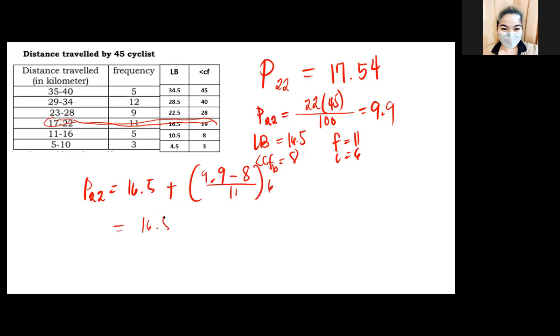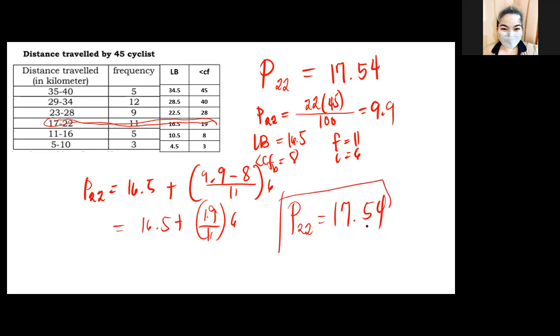So this is 1.9 divided by 11 times 6. This will give us P sub 22, which is equal to 17.50. Okay, so this is the correct answer.